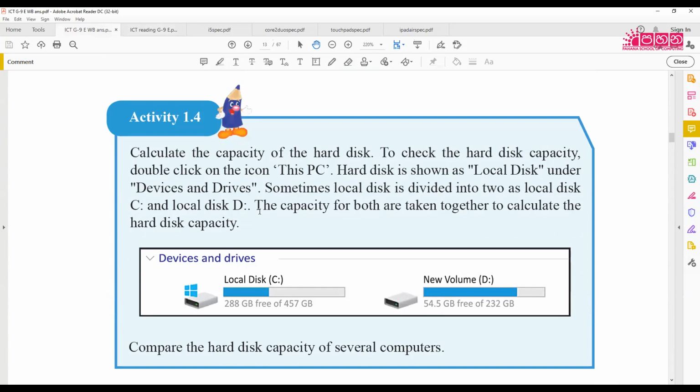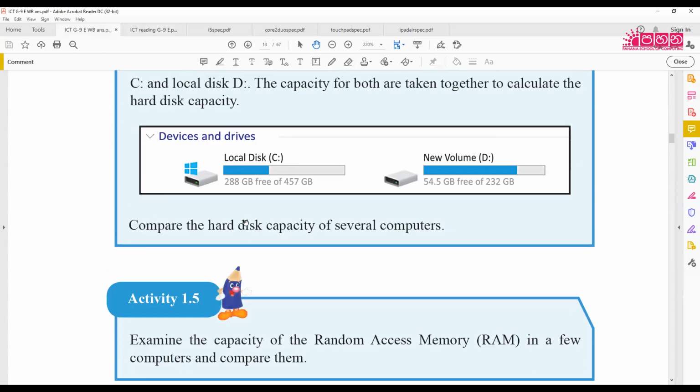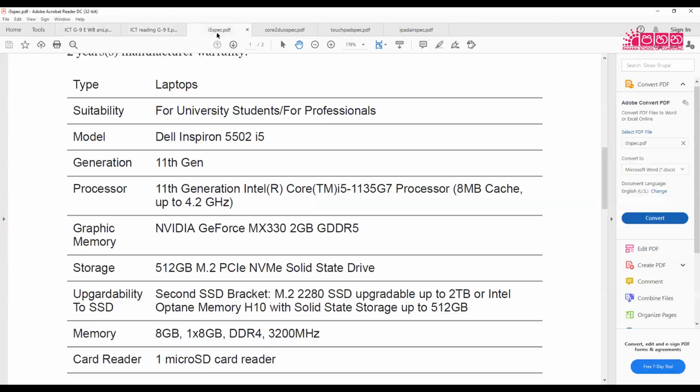You look at the hard disk drives, you combine the value, and then you have to look at the size of it, right? Okay. So let me give you some examples since we don't have. I will share the other computers, and then we will see whether you can come up with their hard disk spaces. So let me start with the first computer.